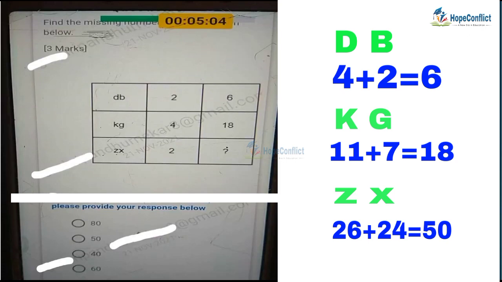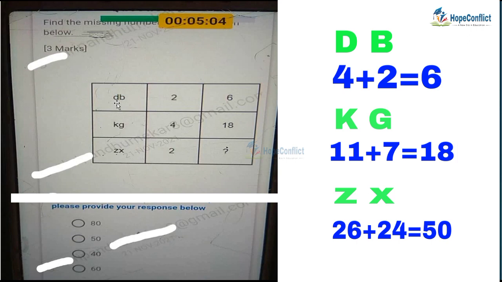For the next question, if we add the corresponding numeric codes for the characters given in column 1, we will get the corresponding result in the third column. Here the second column is of no use. So the numeric code for D is 4 and for B it is 2.